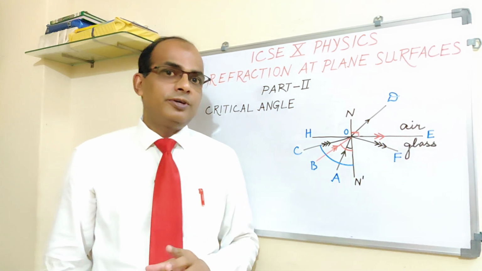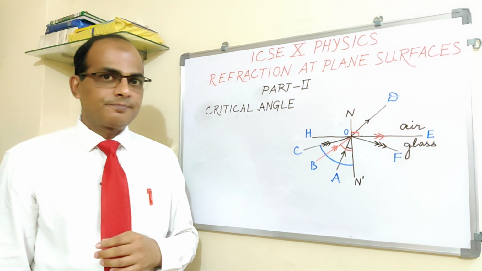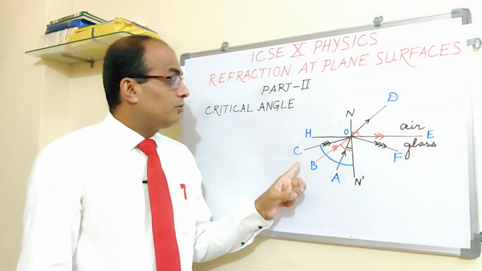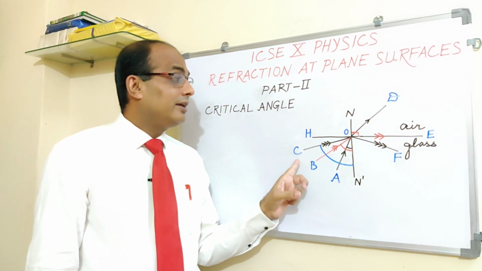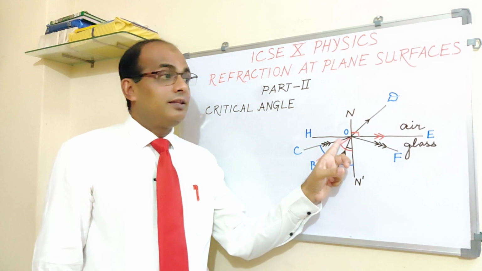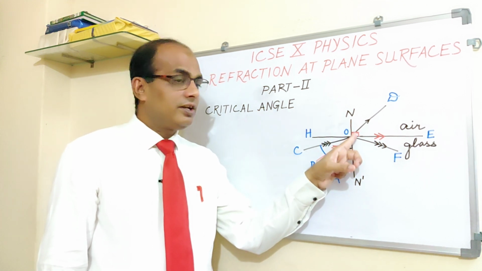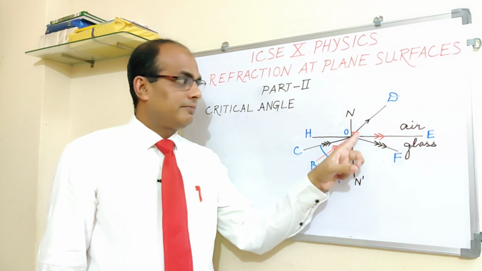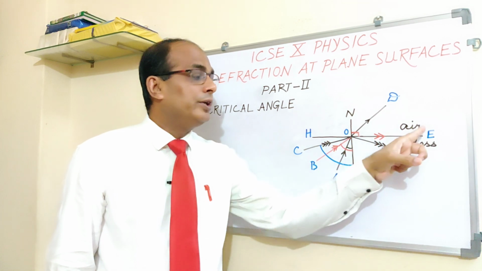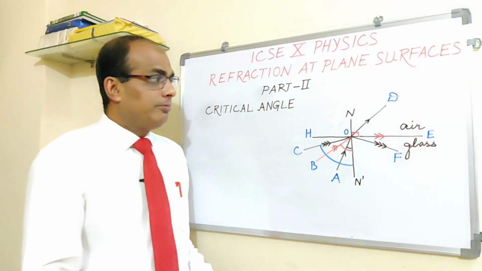So what will be the corresponding angle of refraction? You can see it is 90 degree. So for the incident ray BO which is traveling in the denser medium, the corresponding angle of refraction is 90 degree, and the refracted ray is traveling along OE. In between there are many rays.